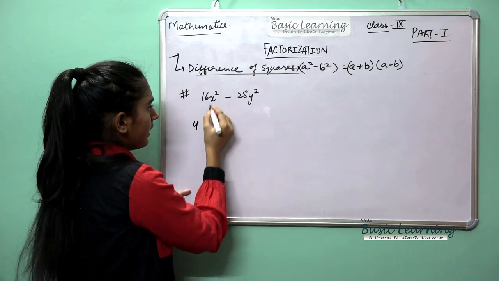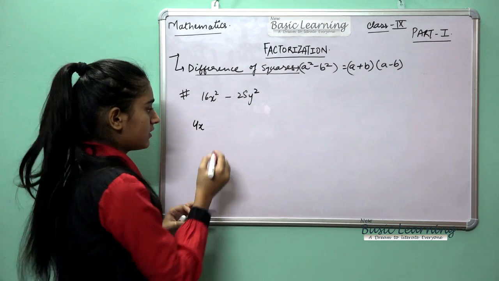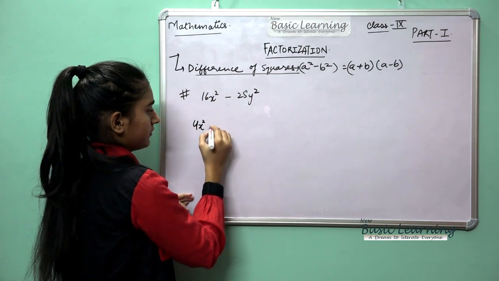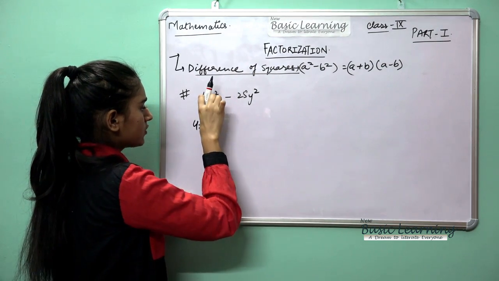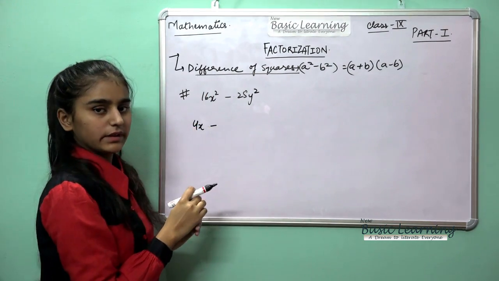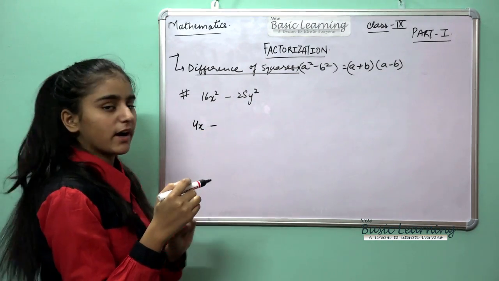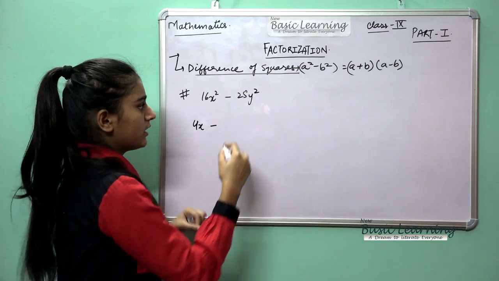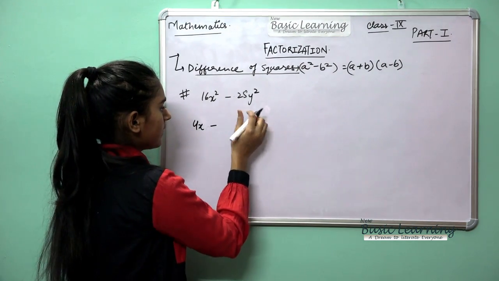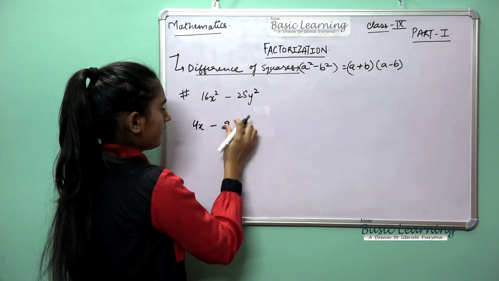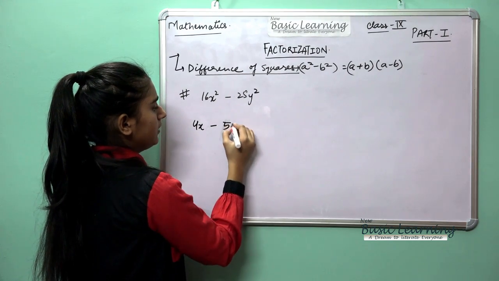When we take out x, that is x square minus 25y square. We put x only, because x into x gives x square. So we have put x here. Then 5 is the square root of 25, so 5 we will put, and y as such.